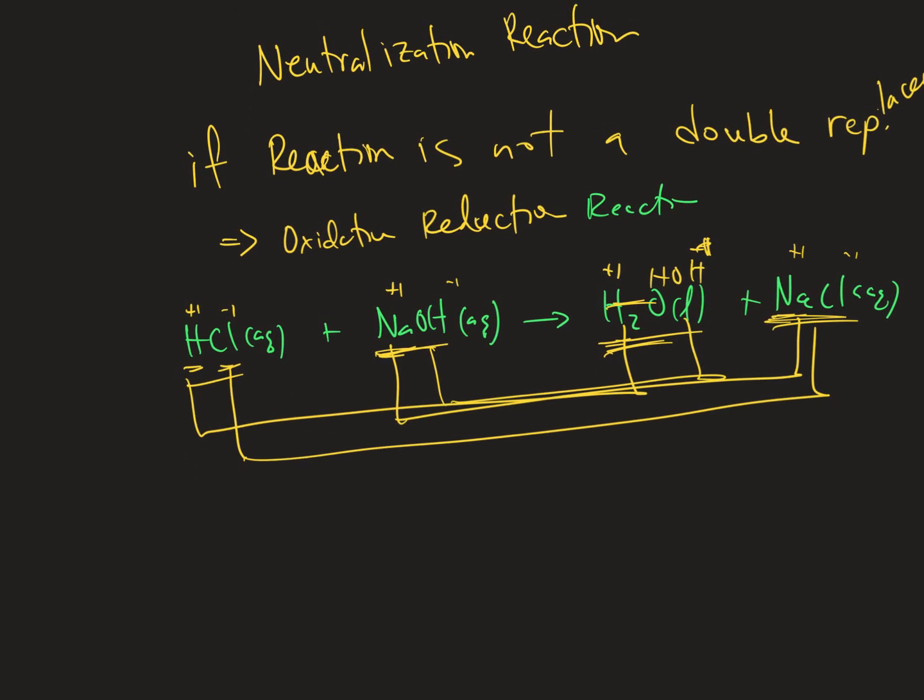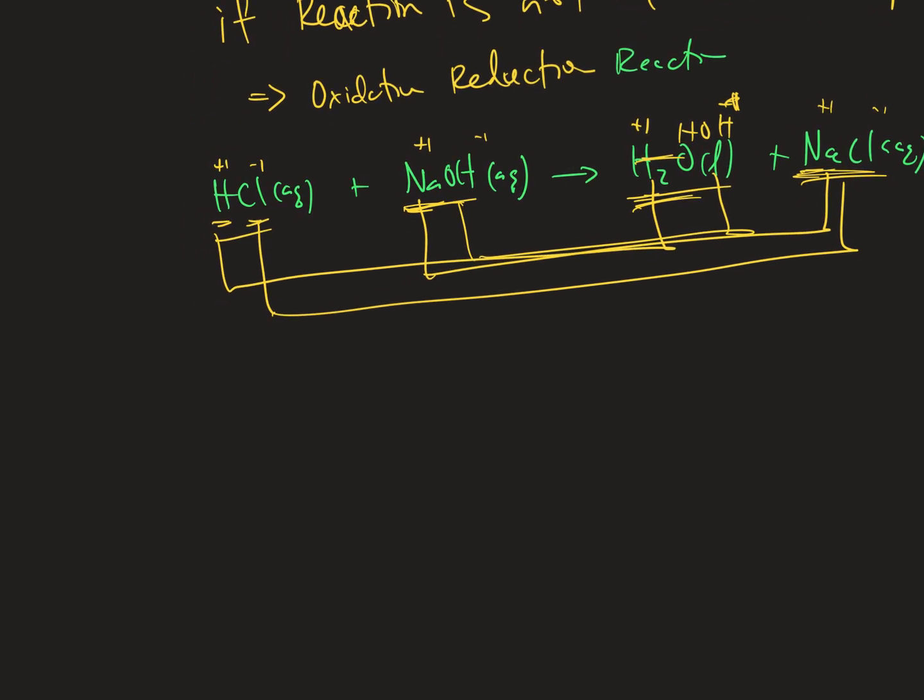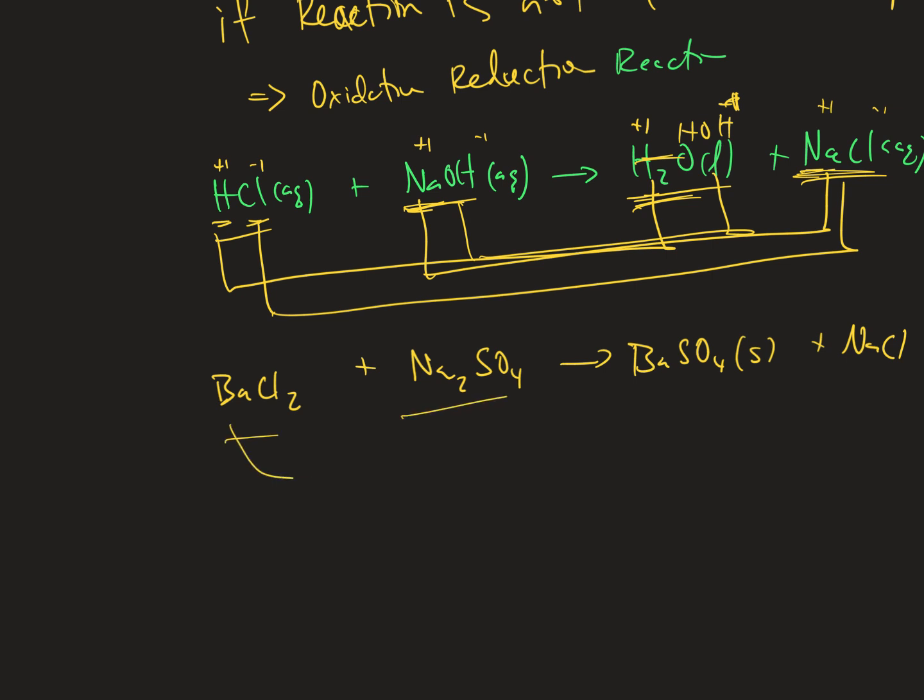It's supposed to be barium chloride with sodium sulfate, which gives us barium sulfate as a solid, plus sodium chloride. And the rest of these are aqueous. Since we have two aqueous solutions, and they do swap partners, we end up with a solid.